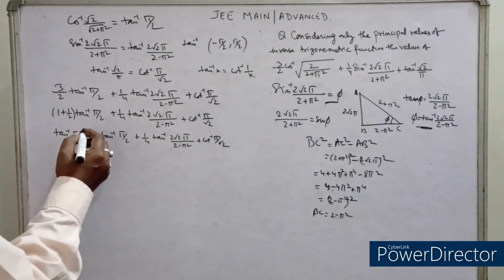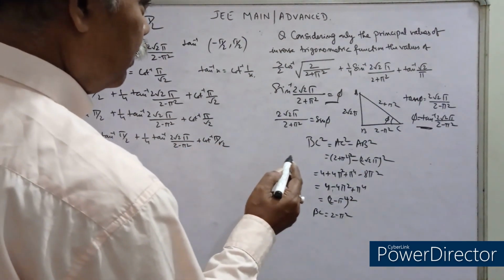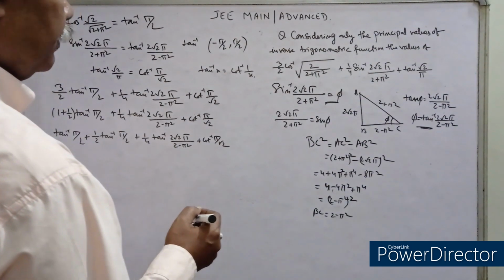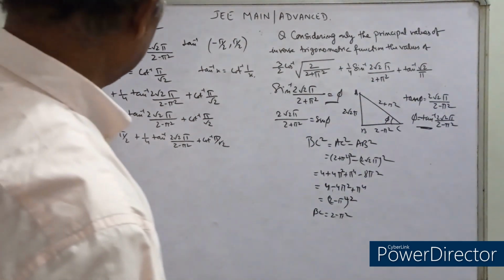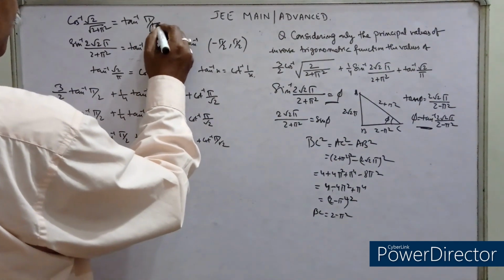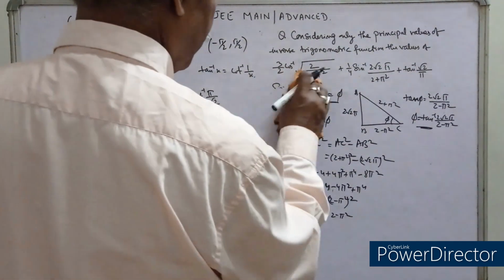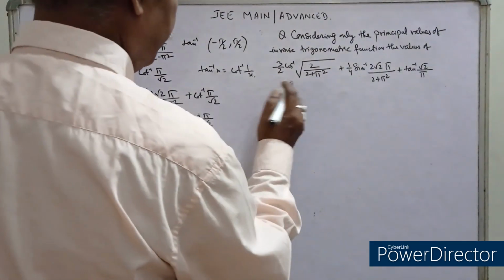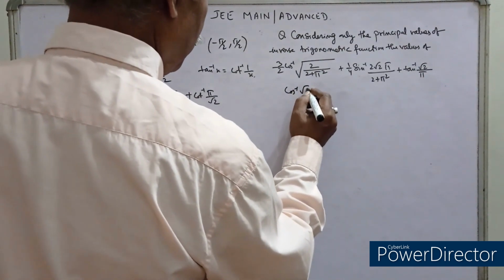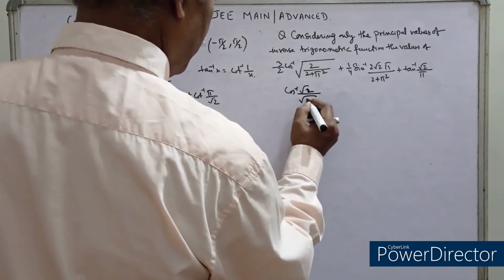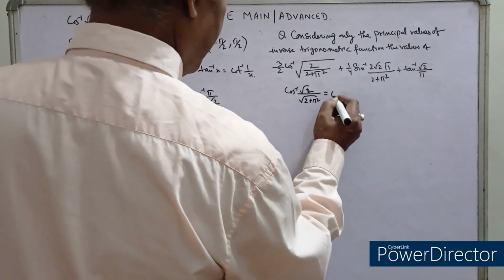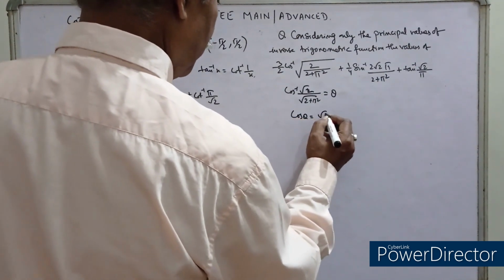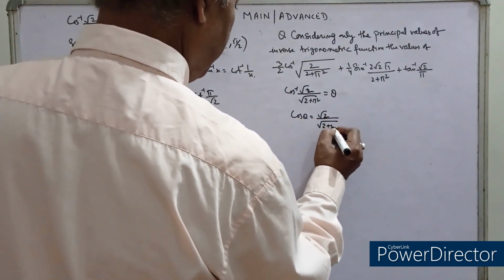Here we know one thing, I have rubbed it. For cos, let me check it again. This must be root 2, because here cos inverse root 2 by root 2 plus pi square is theta, that means your cos theta is equal to root 2 by root 2 plus pi square.